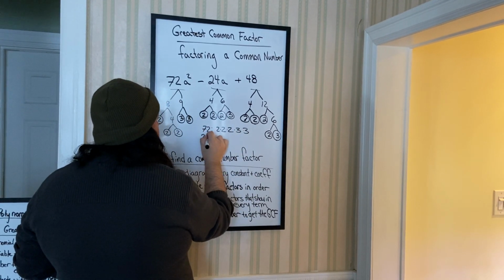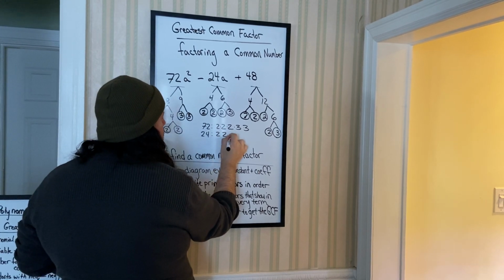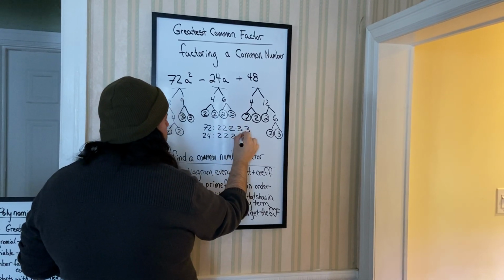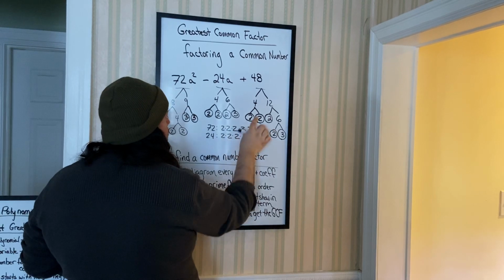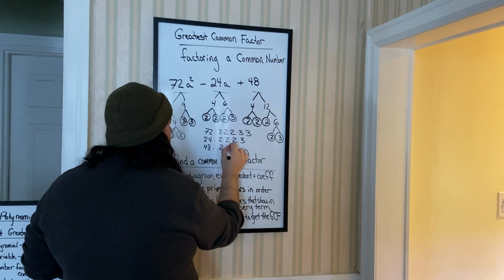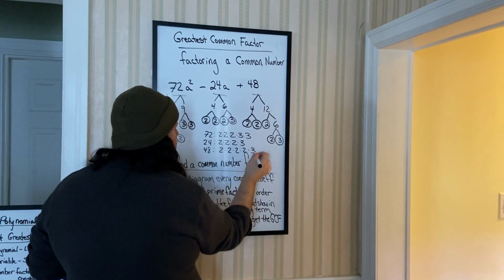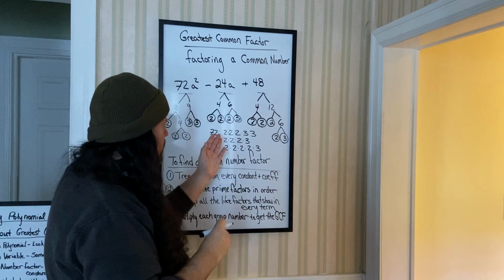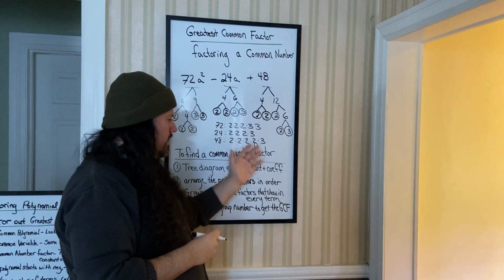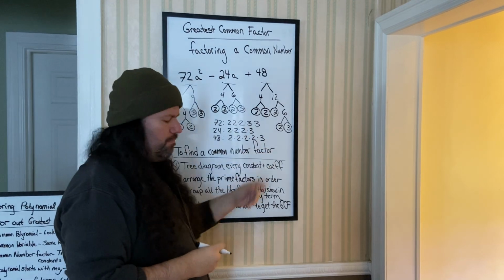For 24, looks like I got 3 2s and just 1 3. And then for 48, looks like I got 4 2s and a 3. See how they're in order? I did my 2s and my 3s.